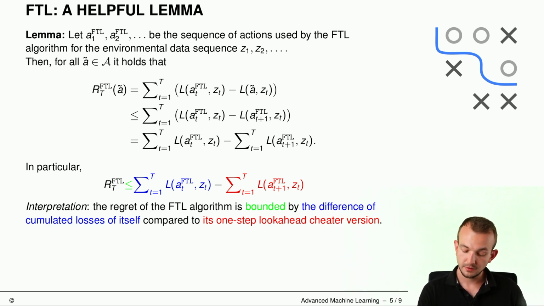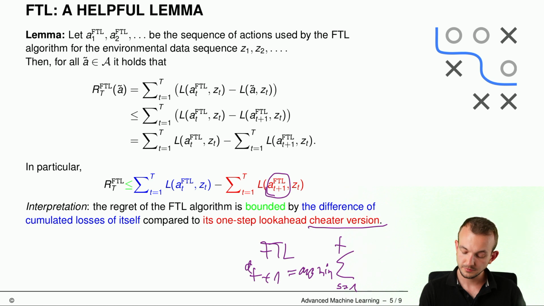So again, cheater, because this action here is using one environmental data point which this one here is not using. Yeah?